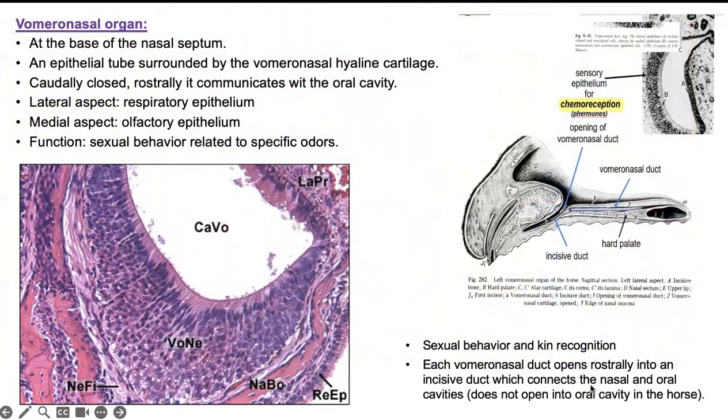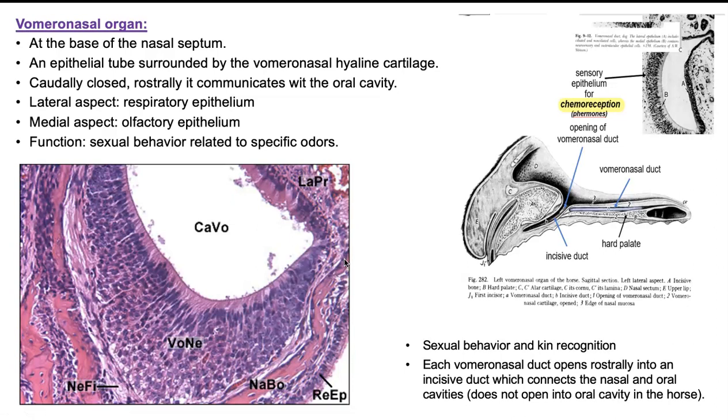Right. Also, one of the important structures here is the vomeronasal organ, which is well developed in certain animals such as dogs. If you look at this diagram, you can see this vomeronasal organ is covered by two types of membrane. Respiratory epithelium would be in the lateral aspect, and we have the olfactory epithelium in the other aspect. And as you know from the anatomy, we have the incisive duct.